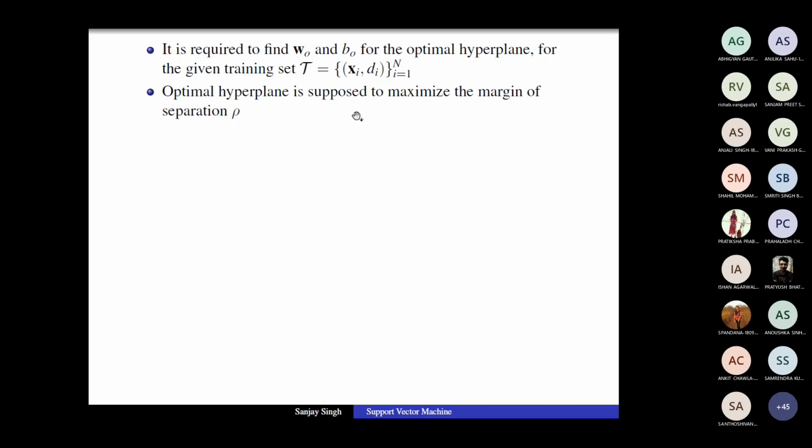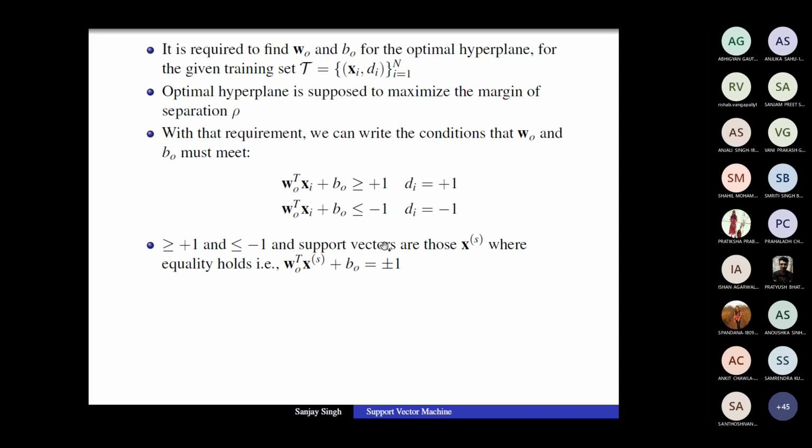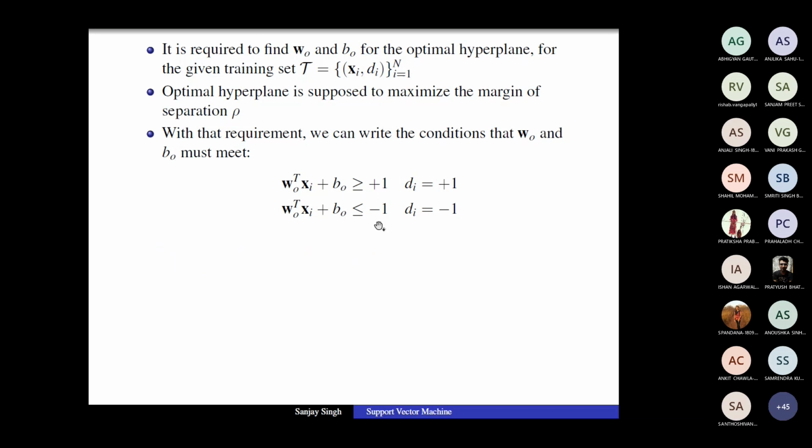So the optimal hyperplane is supposed to maximize the margin of separation rho, and with that requirement, we can write the condition on W and this one something like this, which we have already done. So instead of writing equal to 0, we are writing something like this. Support vectors are those vectors where equality holds, meaning they exactly meet at the margin at +1 and -1.